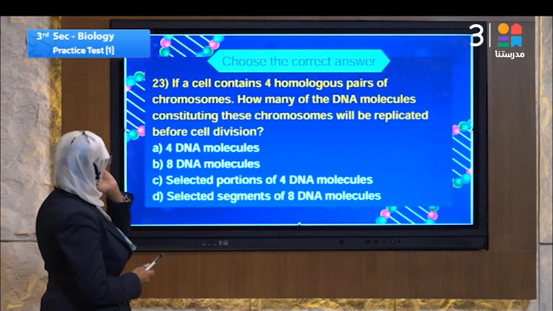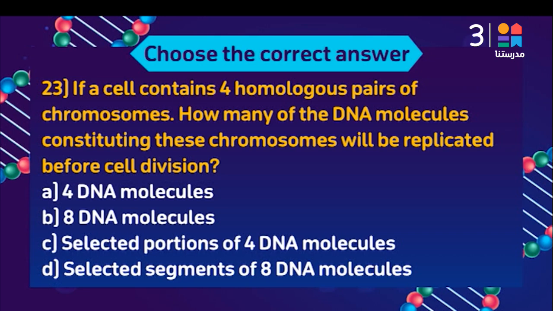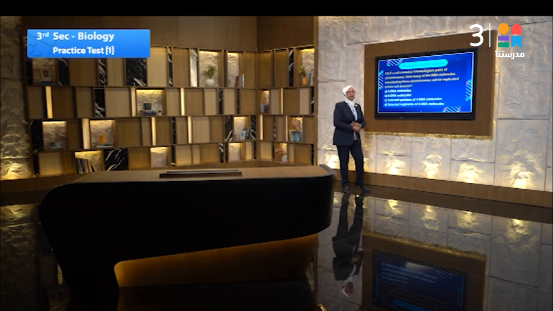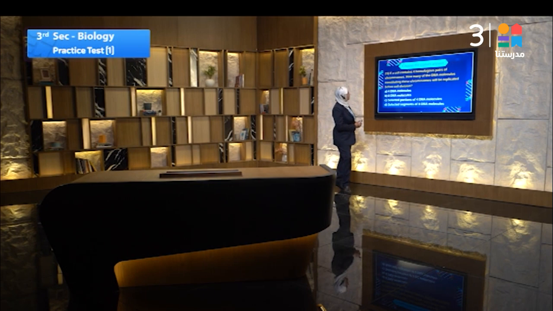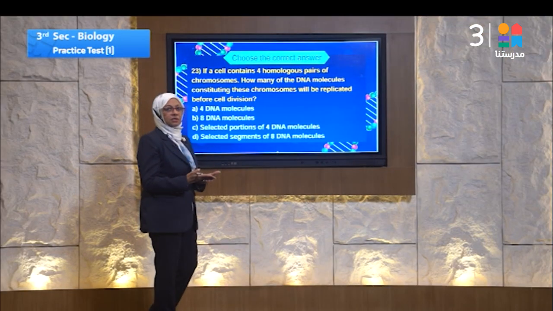Let's go to 23. Question 23: if the cell contains 4 homologous pairs of chromosomes. Homologous means similar to each other, none of them are different from the other. How many DNA molecules constituting these chromosomes will be replicated before cell division? Before cell division is interphase. Interphase duplicates the genetic material. The genetic material here is DNA. The DNA is a structural unit of the chromosome.